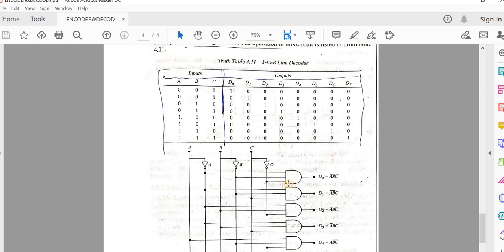If we put an AND gate here, then the output will be A dash B dash C dash. Similarly for the others, if we need the complement of a variable, we have to take the line from the inverter. For uncomplemented, just draw the line directly from here.